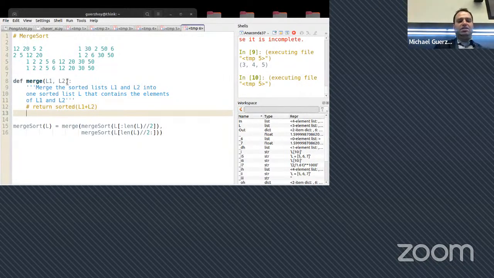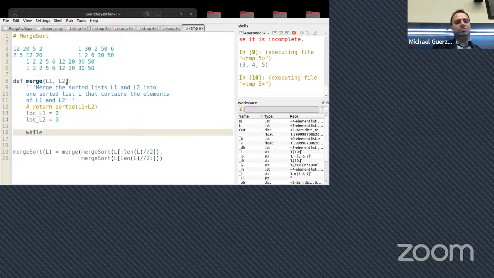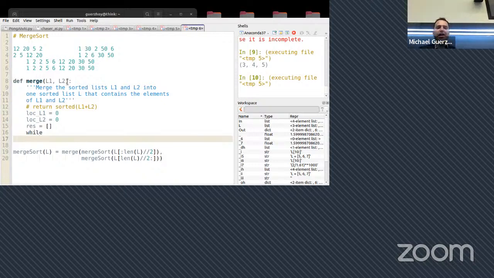We're going to say the location in L1 initially is going to be 0, and the location in L2 initially is going to be 0. And I'm going to say, okay, if the element at the current location in L1 is smaller than the current location in L2, get the one from L1, otherwise get the one from L2.